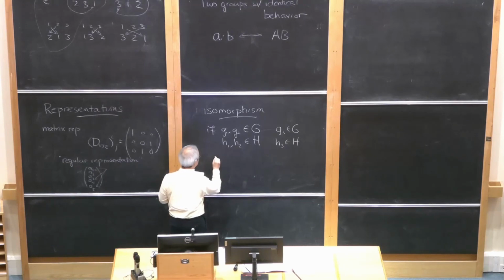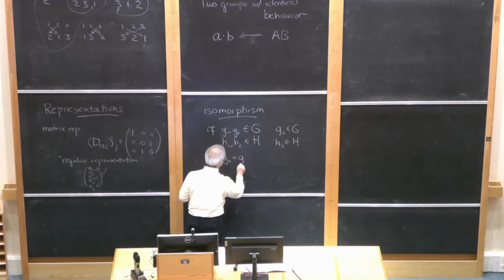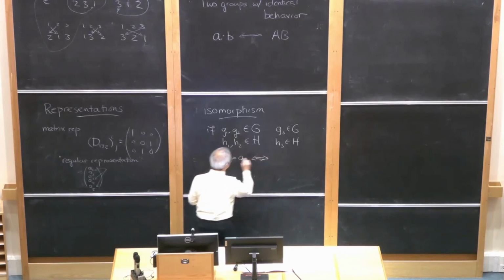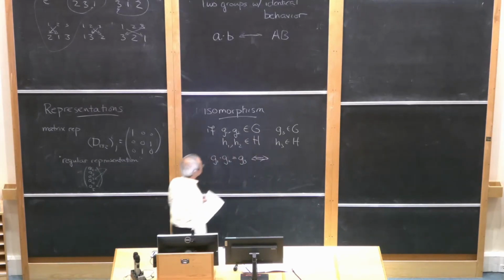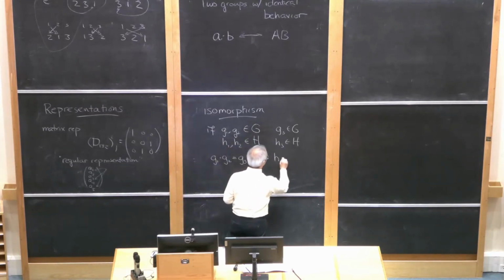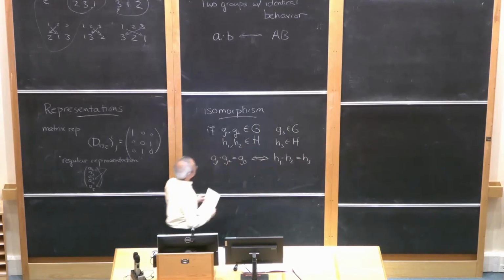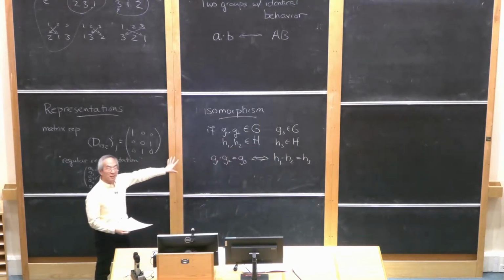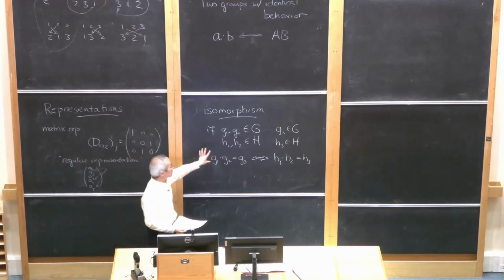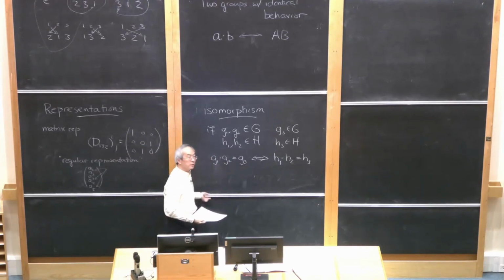Then G1 times G2 equals G3 is true if and only if H1 times H2 is equal to H3. Okay? I mean, this is basically what we mean by behave the same way. It has exactly the same multiplication table, corresponding elements multiply in exactly the same way.